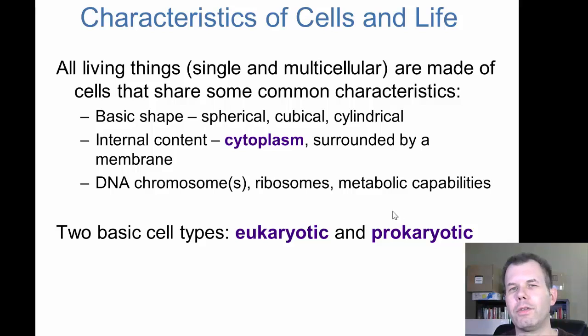When we get into the viruses, we're going to talk about what makes a virus not a living entity, which is going to be a really important topic. But for now, let's focus on the eukaryotic and prokaryotic cells, and really today we're going to focus on the prokaryotes, the ones without the nucleus.